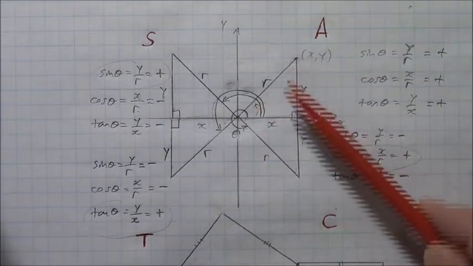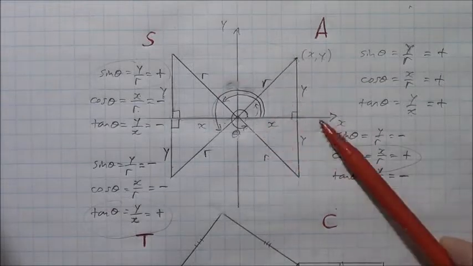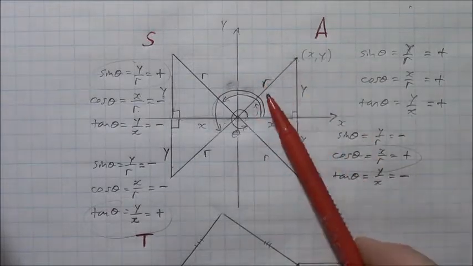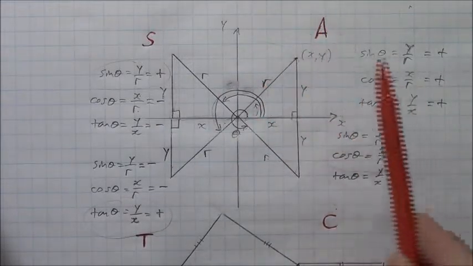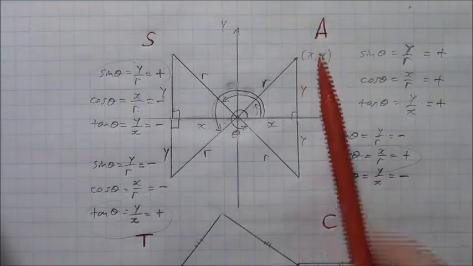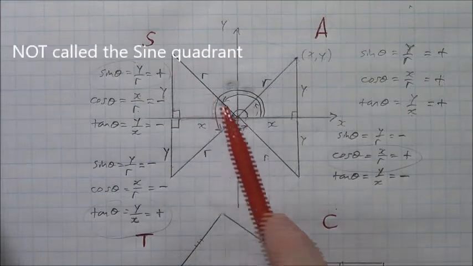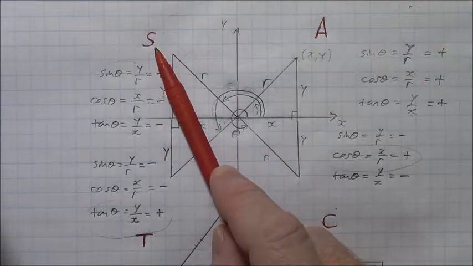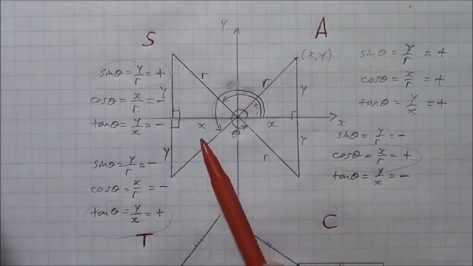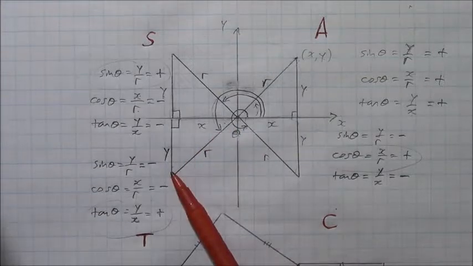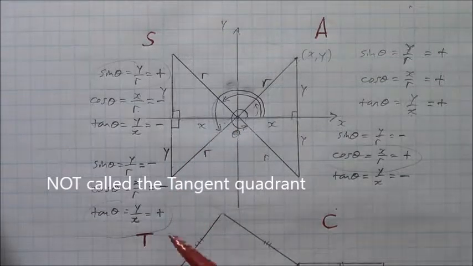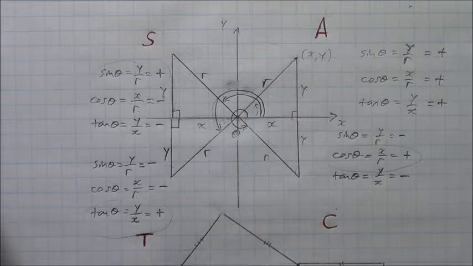If the terminal arm is rotating from the positive x-axis and stops in the first quadrant, then all three of the trigonometric ratios are positive. If the terminal arm rotates into the second quadrant, that's where only sine is positive. And if the terminal arm rotates and stops in the third quadrant, that's where tangent is positive and the others are negative.